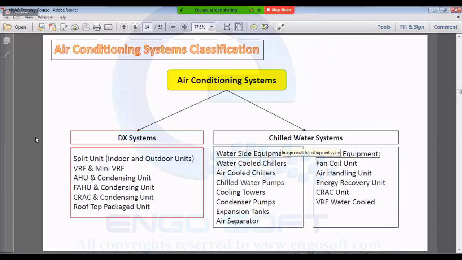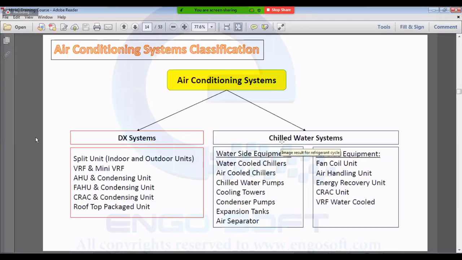So let's speak about the classification of the air conditioning systems. You now know how we can provide cooling, right? How can we remove heat from the space and send it to the hot outdoors?